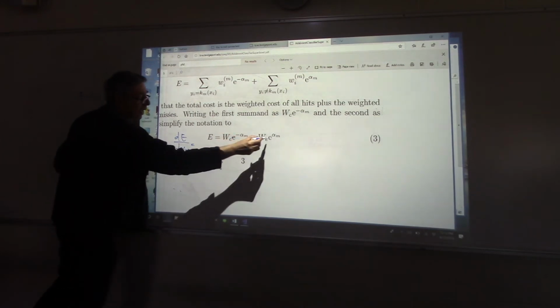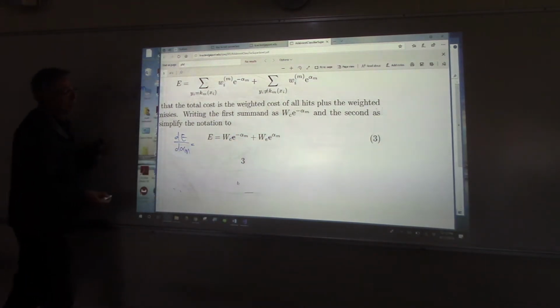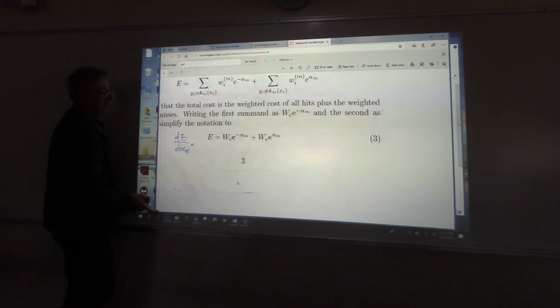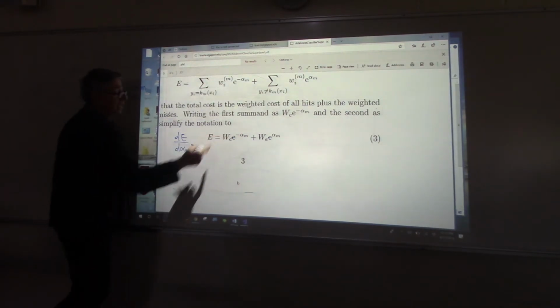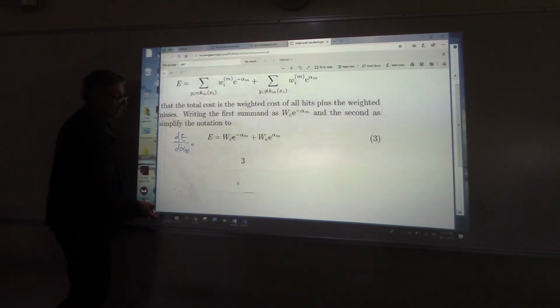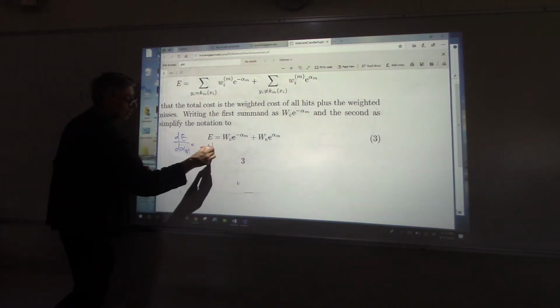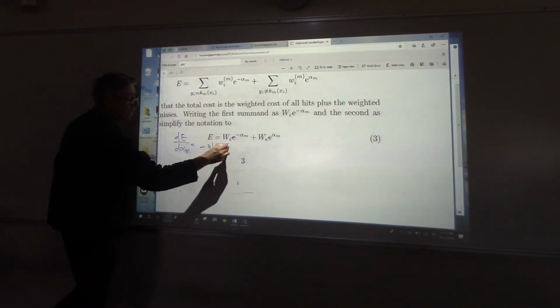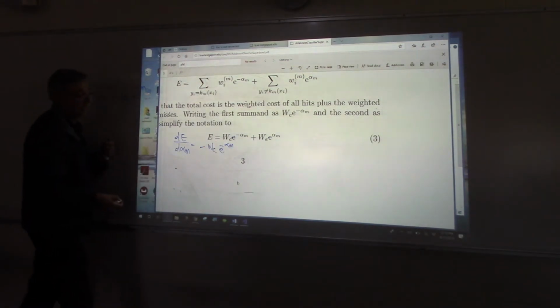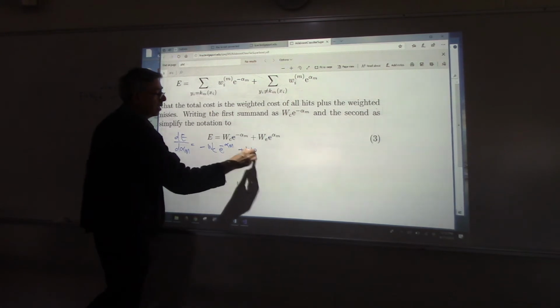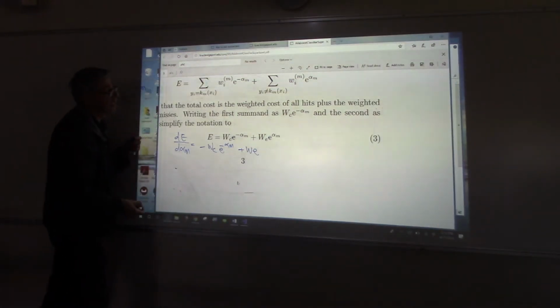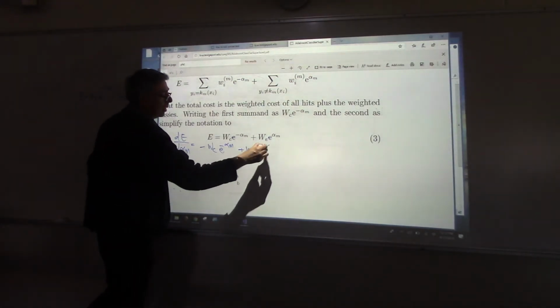This is E, by the way. What's the derivative of e to the negative alpha m? e raised to x comes down with the negative times the derivative, so minus WC e to the negative alpha m, plus WE e to the alpha m.